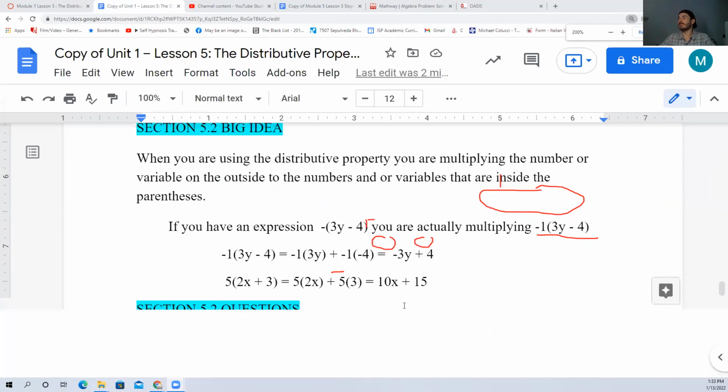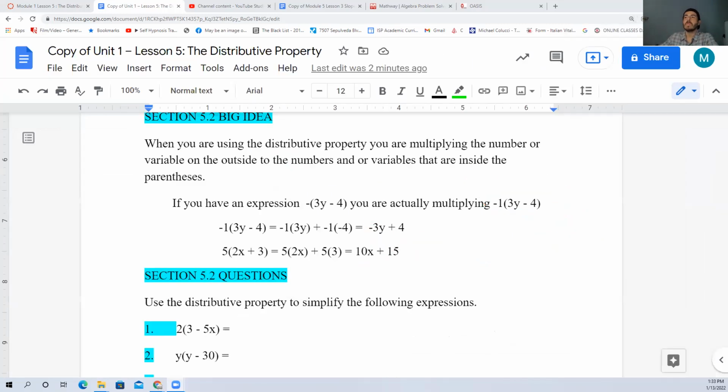Let's clean this up a little bit so we can see what's going on. When you are using the distributive property, you are multiplying the number or variable on the outside to numbers or variables that are inside the parentheses. If you have an expression like -3y minus 4, you're actually multiplying -1. We discussed that. Okay, that's just another example.